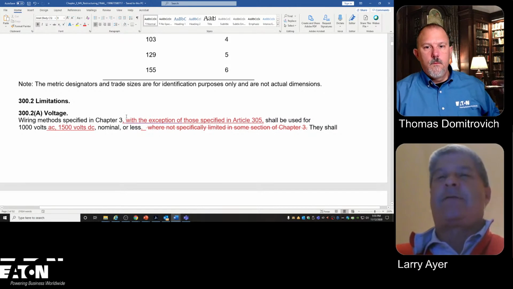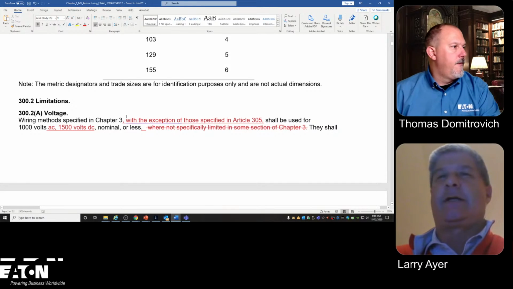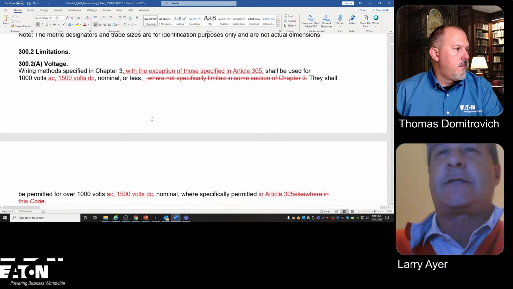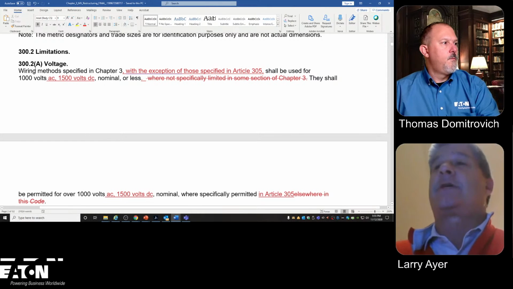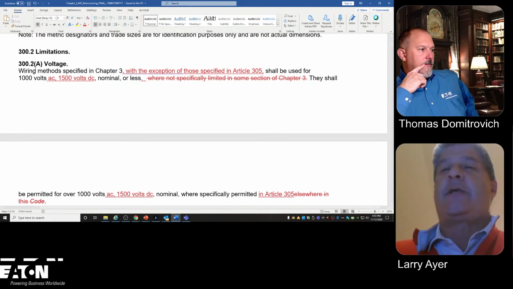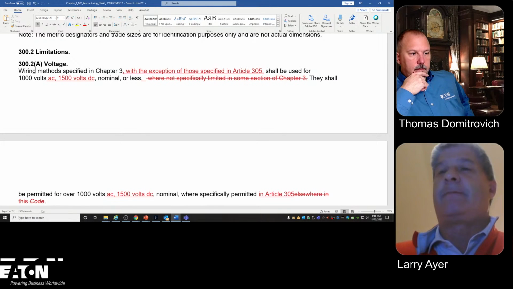Now if you can just scroll down a little bit. Right there. So if you look at 300.2, it says, wiring methods specified in Chapter 3 shall be used for 1,000 volts, nominal or less. They shall be permitted for over 1,000 volts, nominal, where specifically permitted.